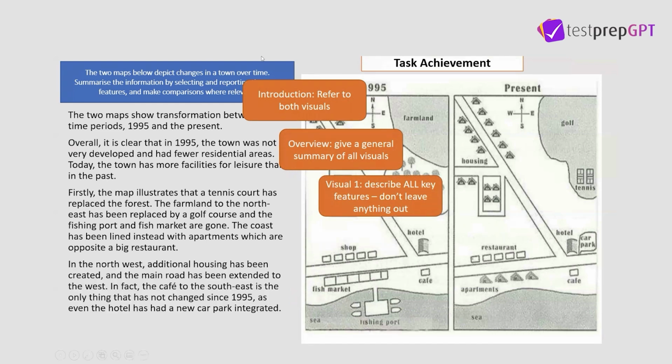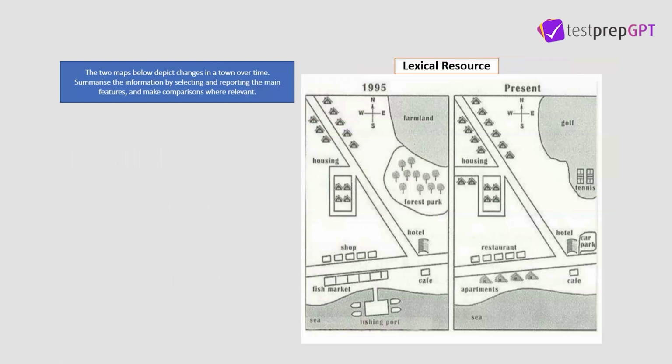So I've referred to the farmland, the tennis court, the forest, the golf course, the housing, the fishing port, the fish market, the cafe. Every single detail has not been forgotten. And that's what you have to do in order to get the best band score. All right, everything is covered. However you decide to group that, it's up to you. As long as it's clear, you must cover everything.